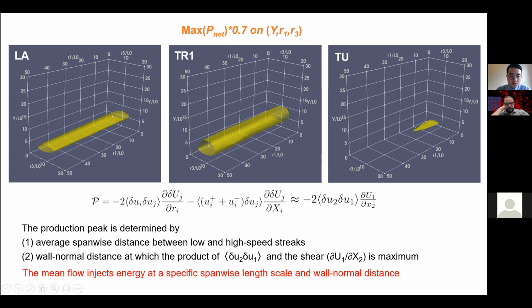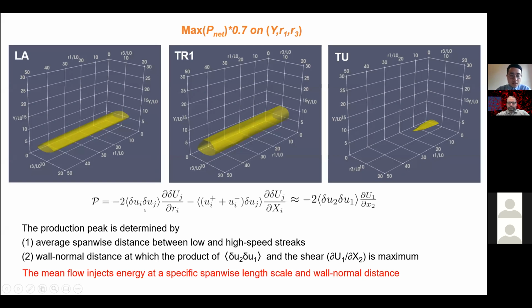We found this length scale is determined by the average spacing of the low and high speed streaks. And the peak in the wall normal direction is determined by the off-diagonal structure function and the shear. This term looks quite similar to the single point TKE equation, and indeed we found the height of this peak in the fully turbulent region is around the buffer layer, in wall units.